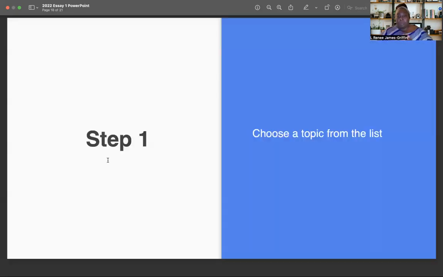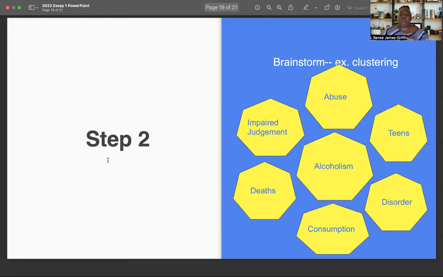A pre-writing example. So step one, you're going to choose a topic from the list. Now, I chose a topic from a different list. I teach this from semester to semester, and we alter some of the topics that we use. So from one of the topics that I've done before, I chose alcoholism. Okay, so now that I've chosen the topic of alcoholism, I decided that I was going to brainstorm because that's a part of the writing process.